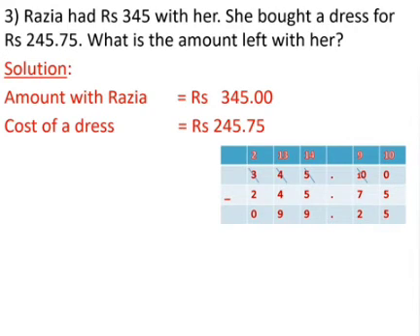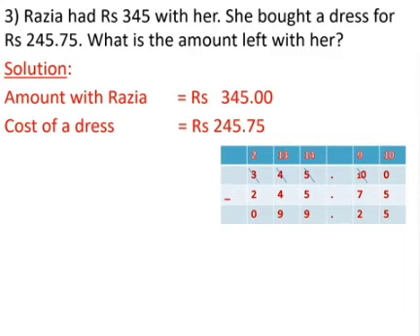Now we have 4 here. 4 minus 5 is not possible. Let us move to the next place and borrow 1 from 4. So it becomes 14. 14 minus 5 is 9. Next we have 3. So let us borrow 1. So it becomes 13. 13 minus 4 is 9.